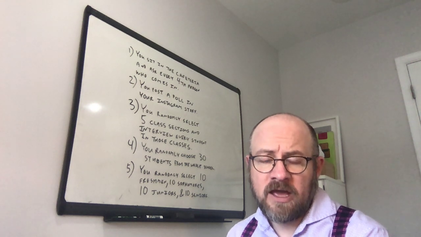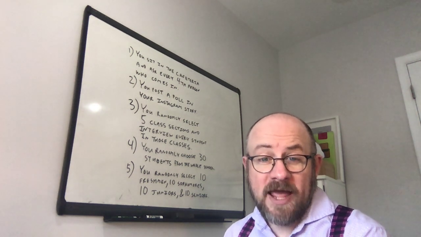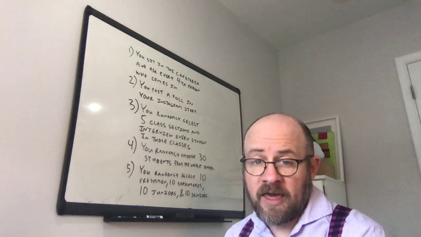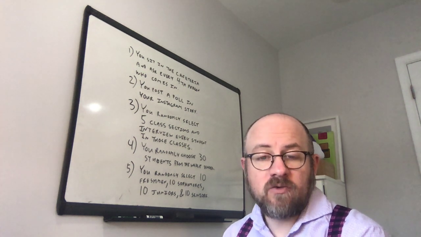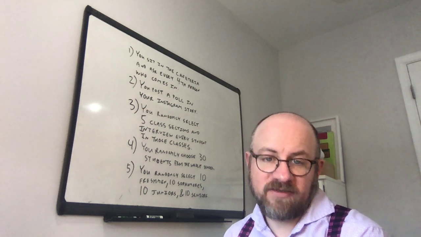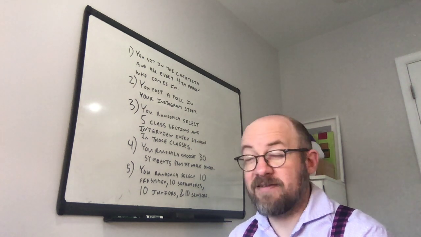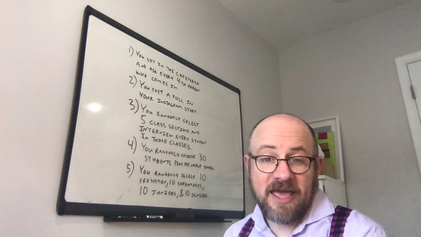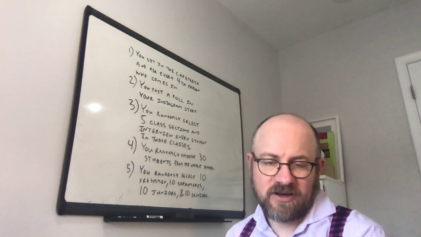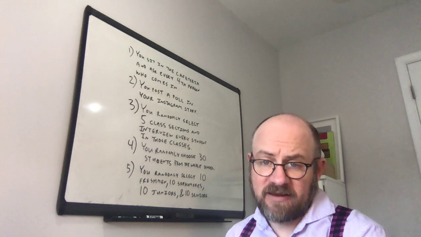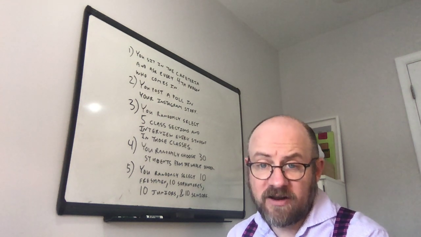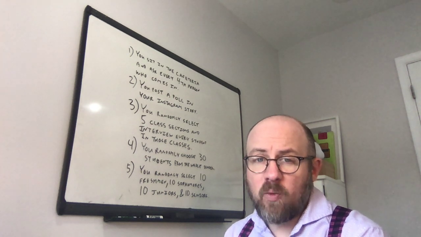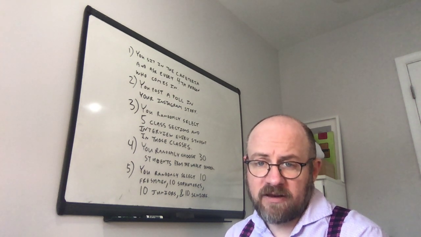That's our third one. For number 4, you could randomly choose 30 students from the whole school. And then number 5, you could randomly select 10 freshmen, 10 sophomores, 10 juniors, and 10 seniors. Okay? So 5 different ways of getting at an answer to this question. Each of these fits a different sampling technique. So you can see these are obviously very different ways, and they may vary in the quality that you get. But what differs here really is the sampling technique.